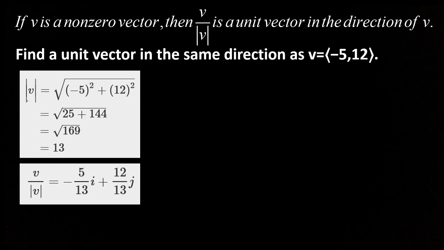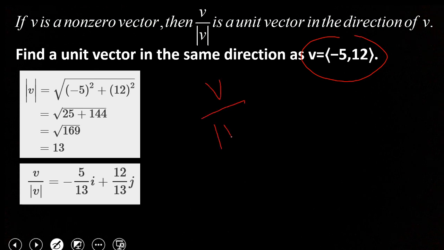So here is the vector v. If we take vector v and divide it by its own magnitude, then the magnitude of it would be 1. So this would be a vector whose magnitude is 1, but whose direction is the same as this vector. So if this vector is this way, the vector that we're going to find here is going to be a unit vector in the direction of this vector.